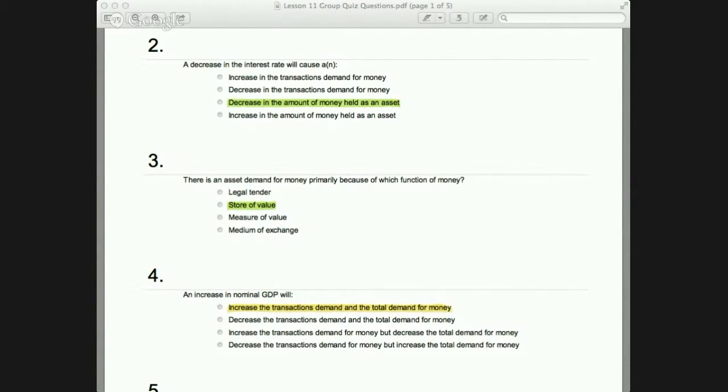So, a decrease in interest rates will cause... I'm seeing asset demand, it's a negative sloping curve. Which graph? The second graph, right?